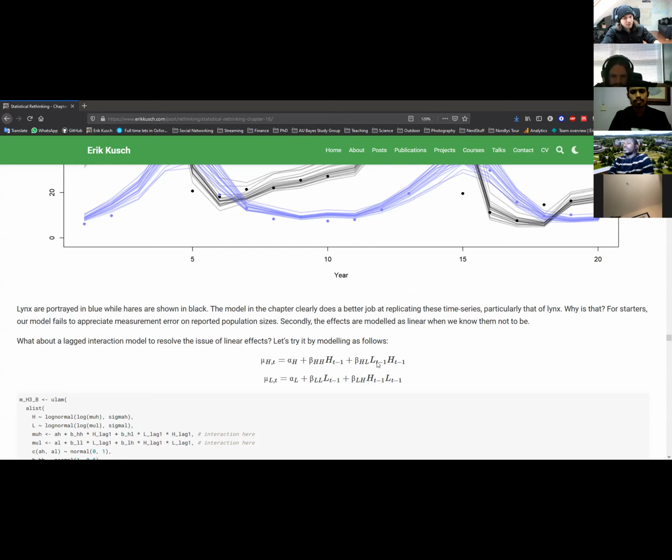So now I added the hare population to this. And spoiler alert, this doesn't lead to anything.